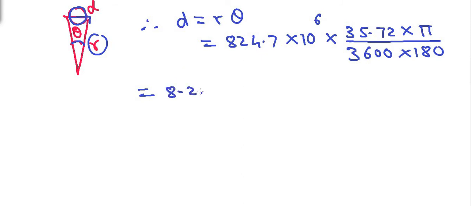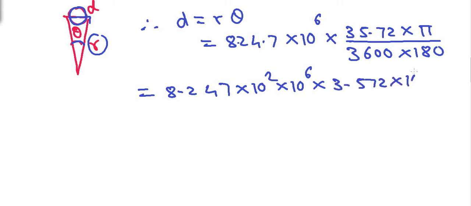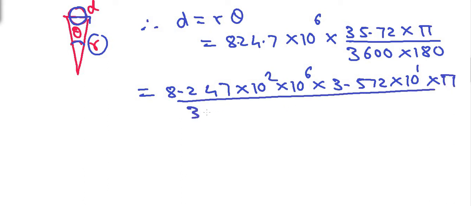So 8.247. Now when the decimal is shifted over here, multiplied by 10 raised to 2 into 10 raised to 6 into, let us write 35 also as 3.572 into 10 raised to 1 into pi divided by, let us write denominator as 3.6 into 10 raised to 3 into 1.8 into 10 raised to 2.